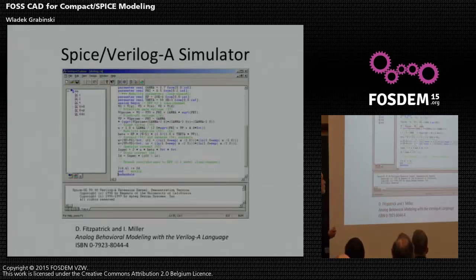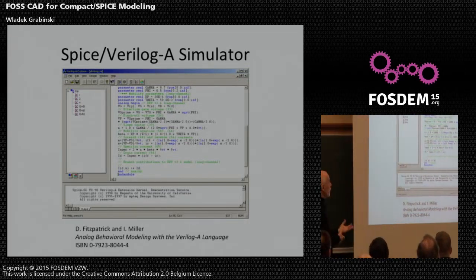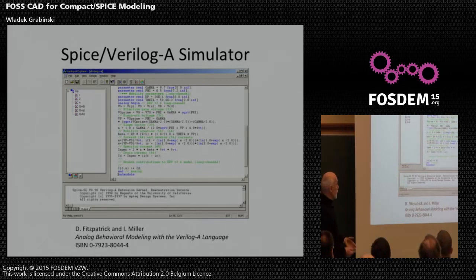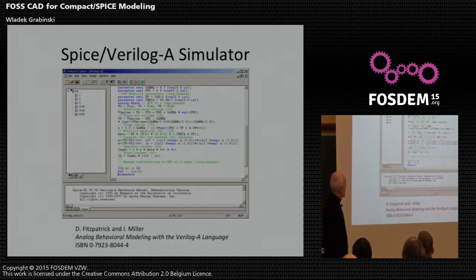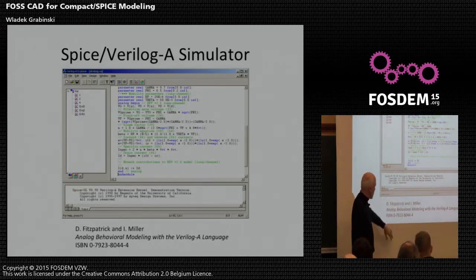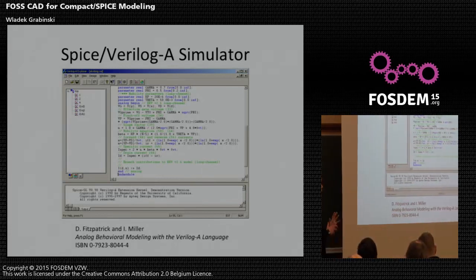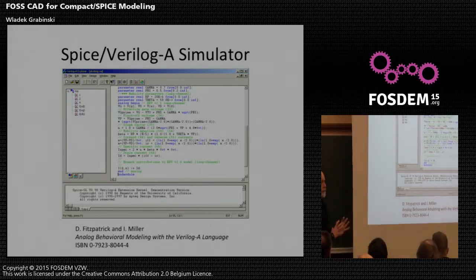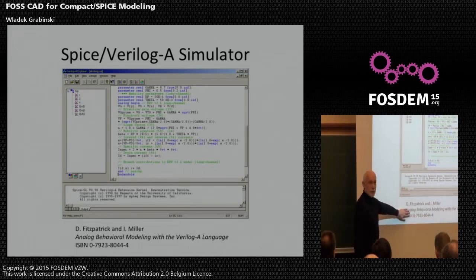Now coming to SPICE Verilog compact modeling and simulation. This book on analog behavior modeling with the Verilog language is from about '97, and already at that time, there was a first push for standardization. Believe it or not, if you borrow this book from the library, you will find a floppy.